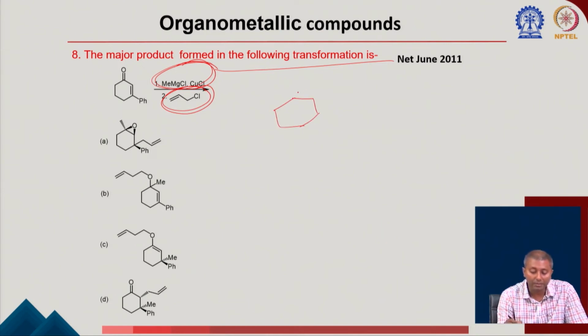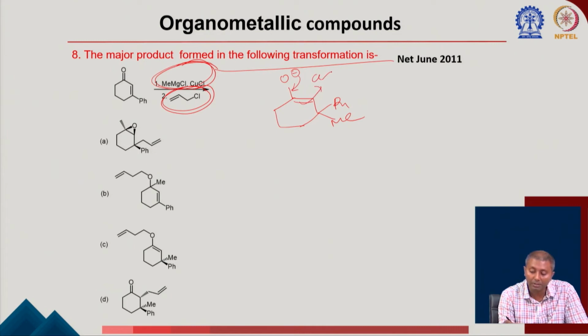I can try to show you that the phenyl will be here and you will have a methyl, and then this is going to form an O minus, which is going to come back and react with the corresponding allylic chloride.